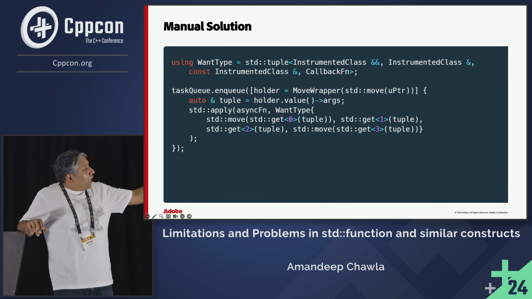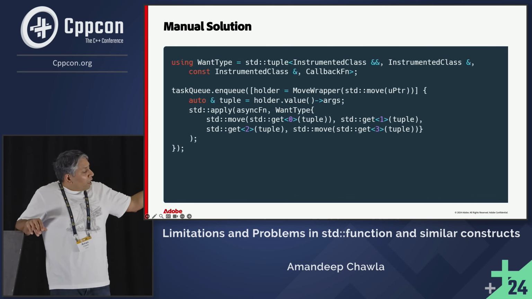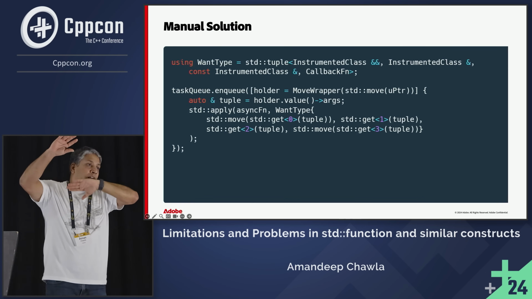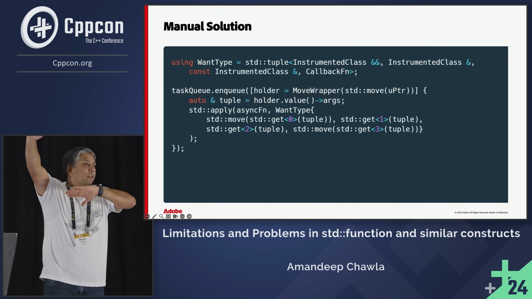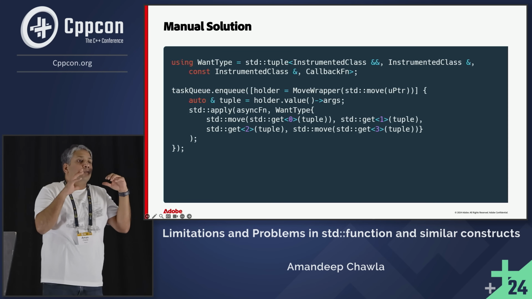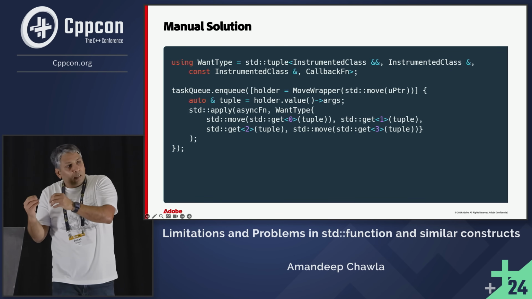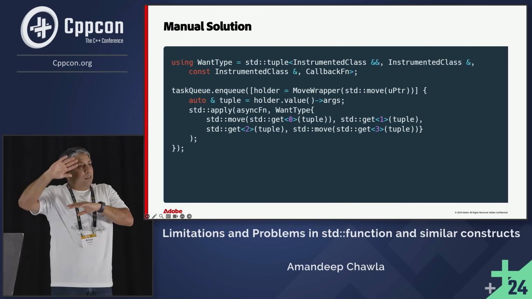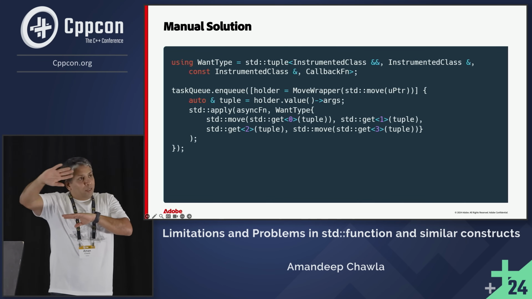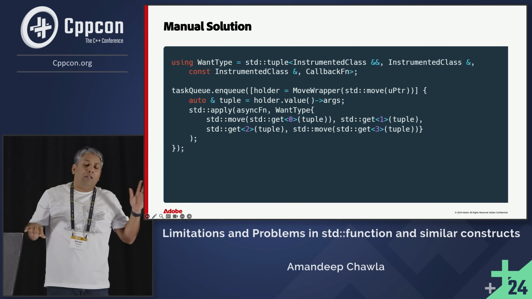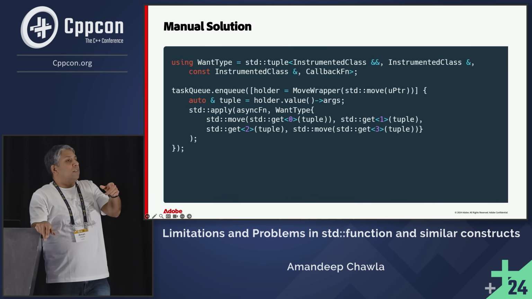It's just saying that I have either an R value reference to something which is there at a separate place, or I'm having a reference to something at a different place. It's just like a tuple of references. Either it is a tuple of R value references or a tuple of L value references, but the data actually is in the old tuple only. It's just a tuple of references, which we will later know forward as tuple does the same thing for me.